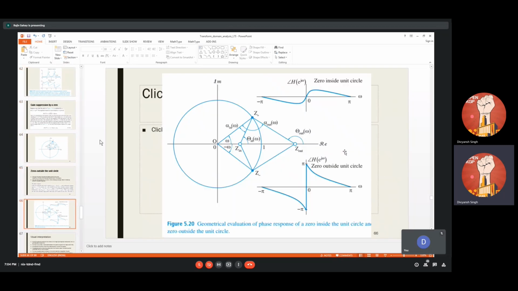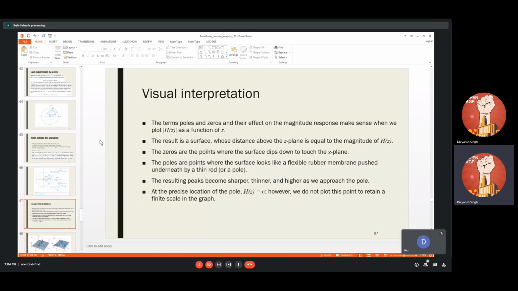So H(z) is actually a surface because z is a plane. H(z) is a point in 3D space corresponding to each coordinate on the z plane. The coordinate on the z plane is a two-tuple, x comma y, so H(z) of x comma y is a 3D point, and that is a surface.